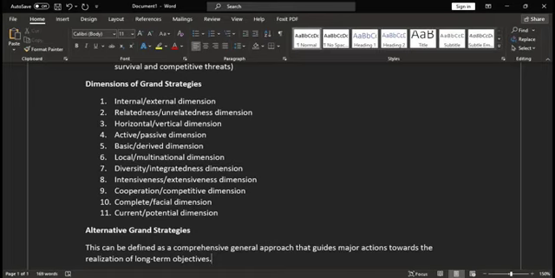And we also have contraction, retrenchment, or turnaround strategy.